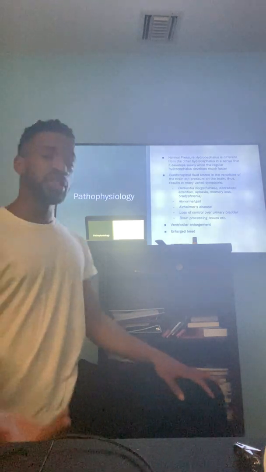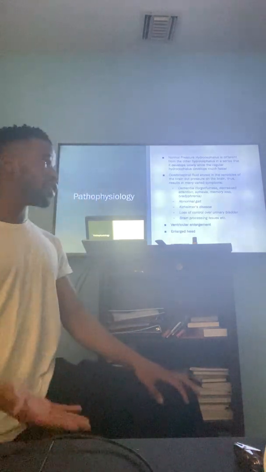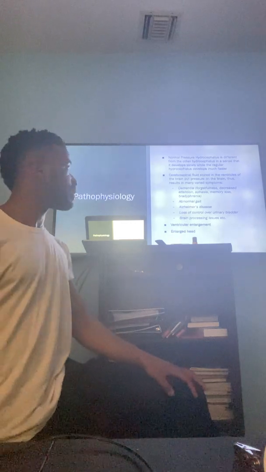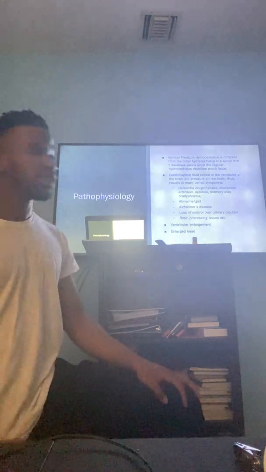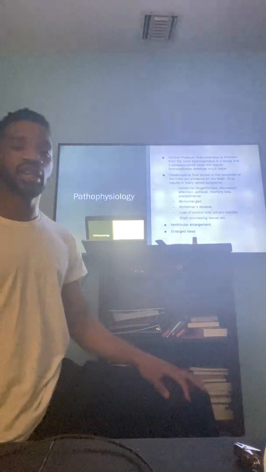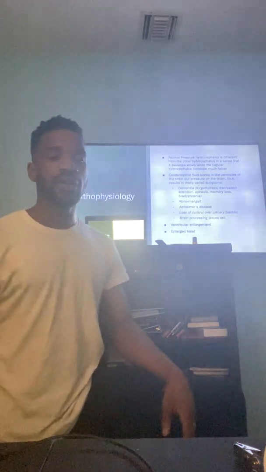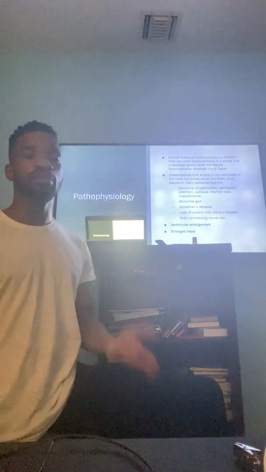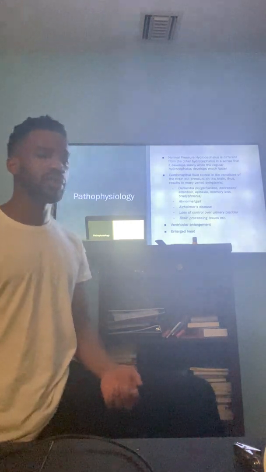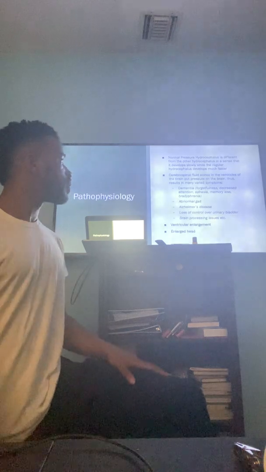The symptoms of this include dementia. With dementia, you get forgetfulness, decreased attention, aphasia, memory loss, and even bradyphrenia. We also get abnormal gait, meaning a difficulty walking or a weird type of walk.